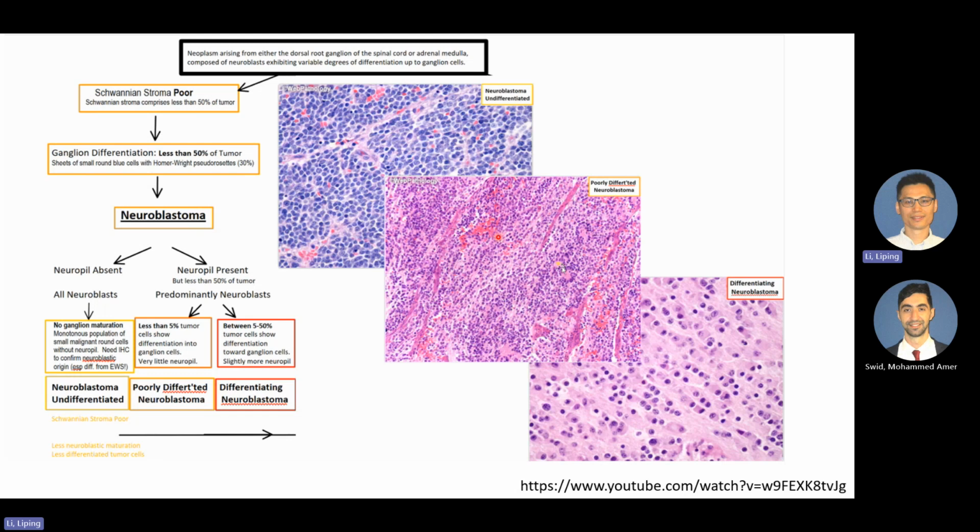And then if they have more cytoplasm, and want to differentiate into ganglion cells but still have mature ones mixed together, this is the poorly differentiated. And then if we have more abundant cytoplasm, but they still have the neuroblast feature and do not really look like mature ganglion cells, that is the differentiating neuroblastoma.